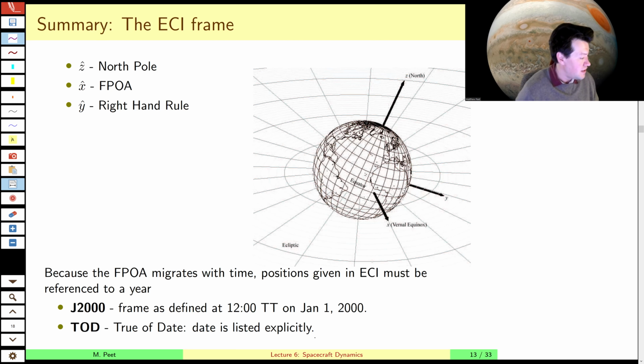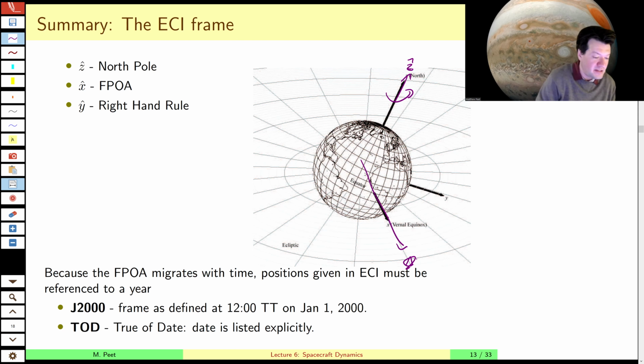So again, summary: north direction, z-hat direction, rotation vector of the Earth. X-hat direction, the direction to the sun at the vernal equinox, the vector pointing towards the sun at the vernal equinox. And the third coordinate we get by the right-hand rule, x, y, z.